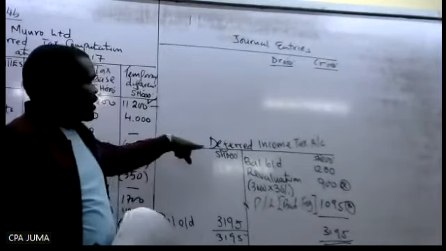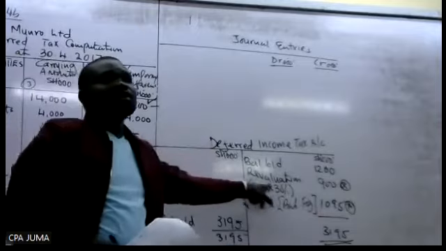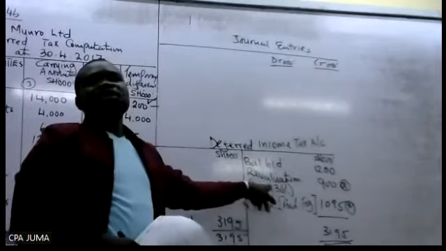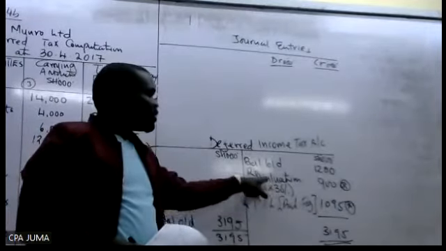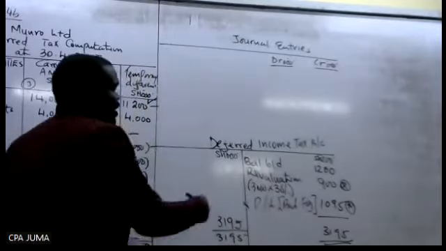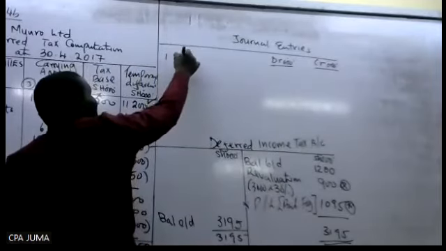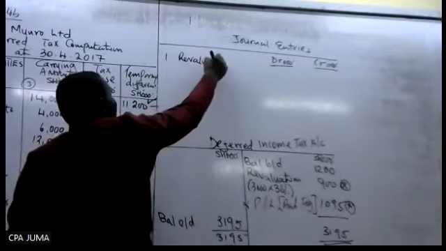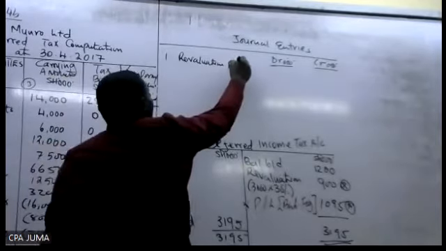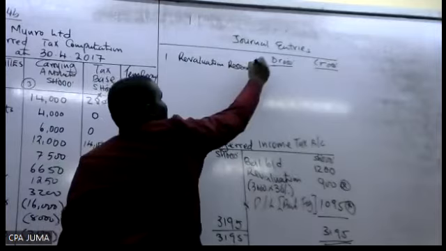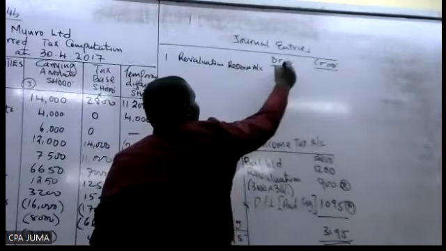You have credited deferred tax with what? Revaluation. So which is the corresponding account to be debited? It's the revaluation. So you come and debit revaluation reserve account with 900.